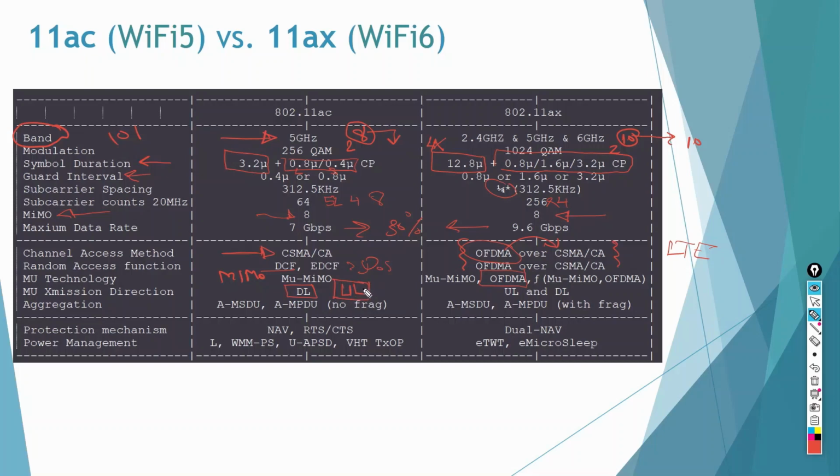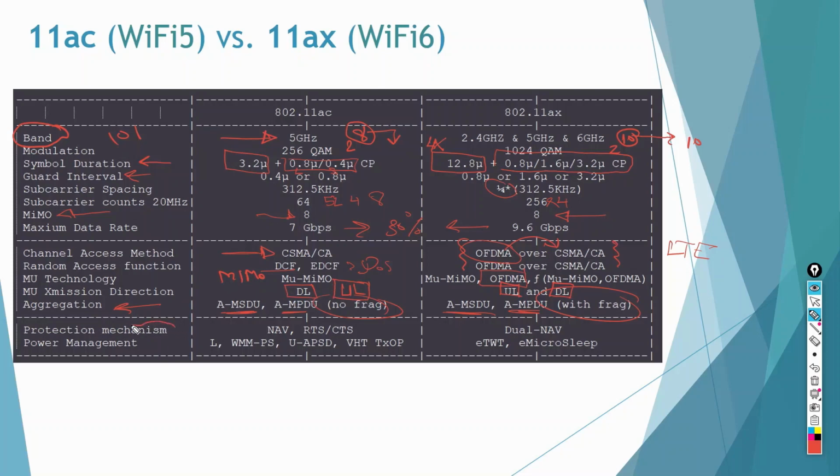I didn't read about that before, but now in 11AX, or Wi-Fi 6, we have both directions defined. In terms of aggregation, we use both aggregation methods in the two standards. However, here no fragmentation is applicable, whereas we have this functionality in 11AX.